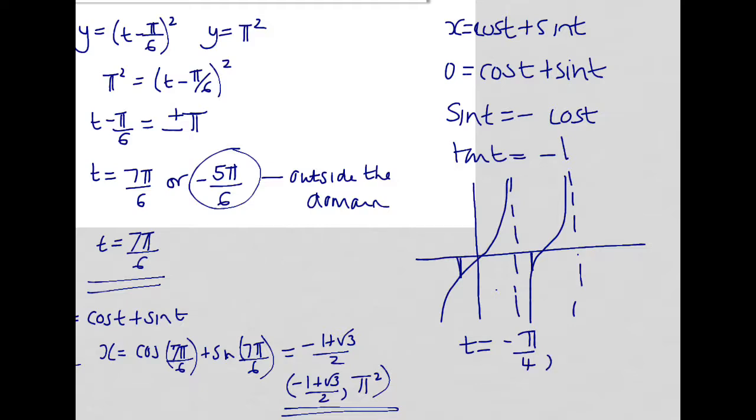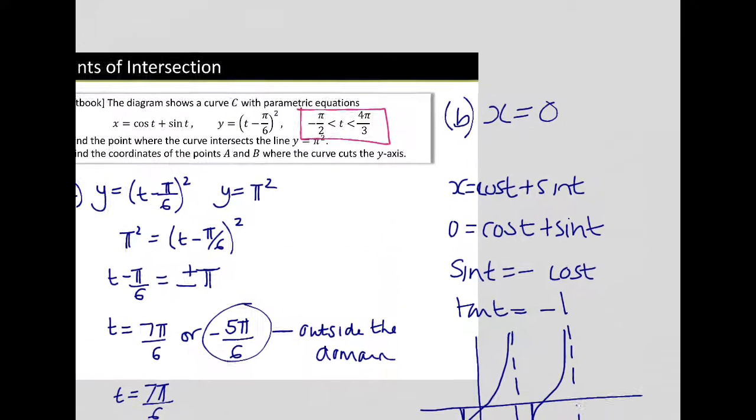And then if you remember, tan repeats every pi radians or every 180 degrees. So this would be an add pi on or add 180 degrees on. So this would be at 3 pi over 4. But we need to think of that domain. Are they both within the domain? Let's go up and check.